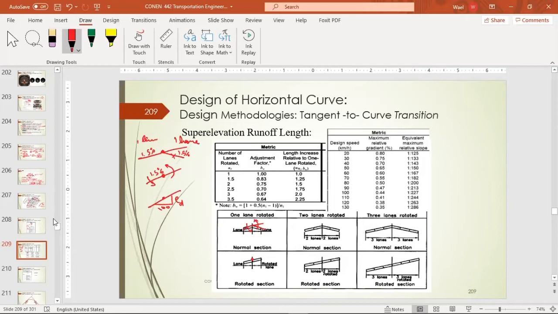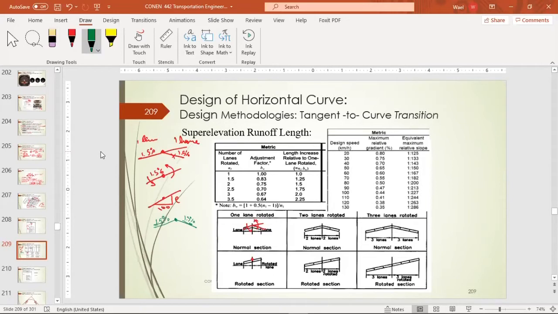For example, let me just draw this in a different color. We can have our road like this. Here we have one lane, we have one lane, and that's a pivot. Then we have the initial or standard slope for the surface, 1.5% this way, and 1.5% here.